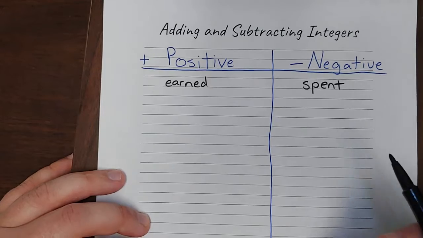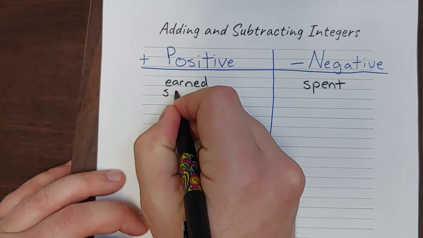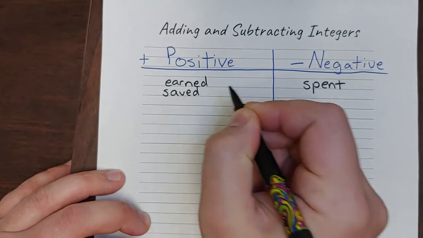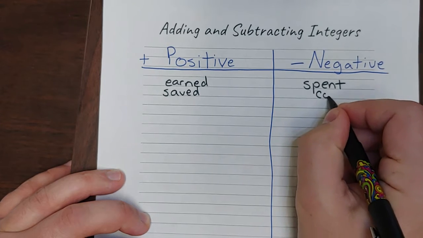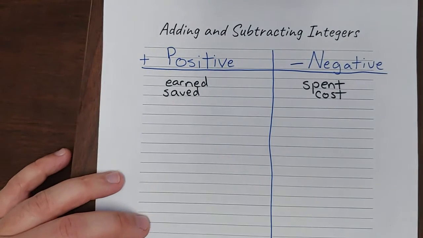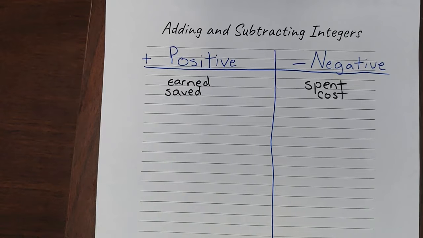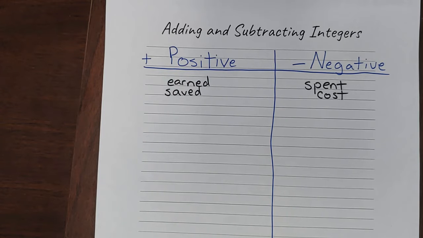Next, still with money, we have saved and cost. Also dealing with money. All right, we've got 2 words down so far, and they're dealing with finances for the positive and the negative.